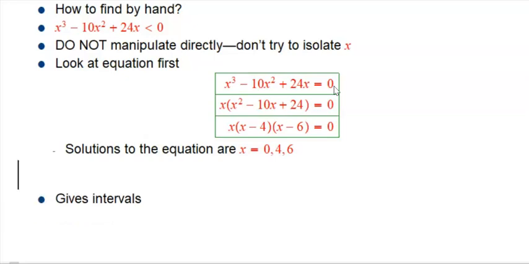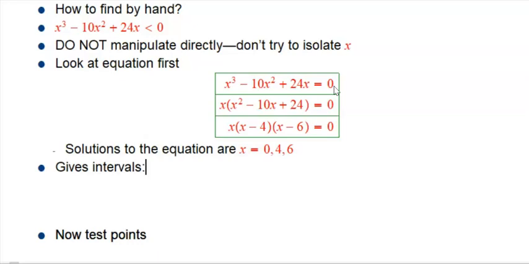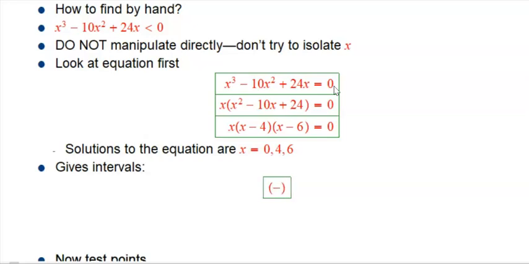So what does this do? It gives intervals, because I know it can only switch at most at those zeros. And if I weren't looking at the graph, we couldn't even be sure that it does switch at those zeros. We know that the possible intervals are minus infinity to 0, then 0 to 4, 4 to 6, and 6 to infinity.